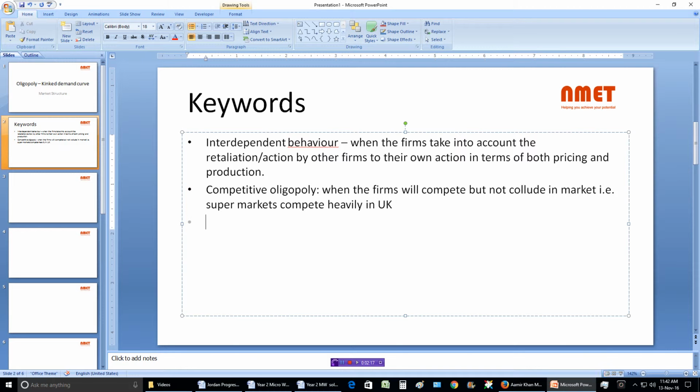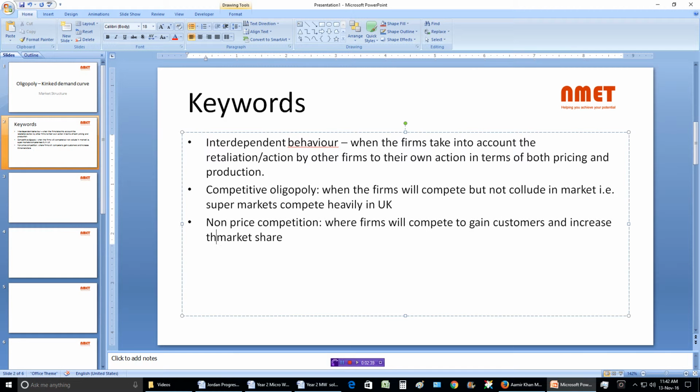Since you've brought it up, let me do non-price. Yes, non-price competition where firms will compete to gain market share or compete to gain customers and increase their own market share.